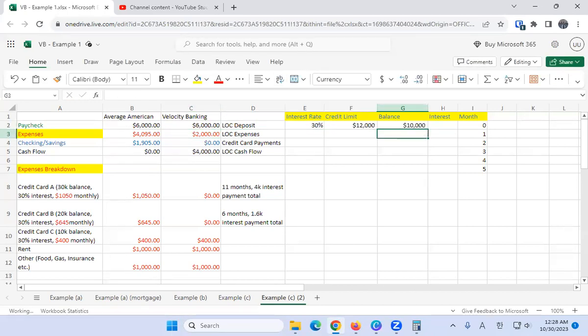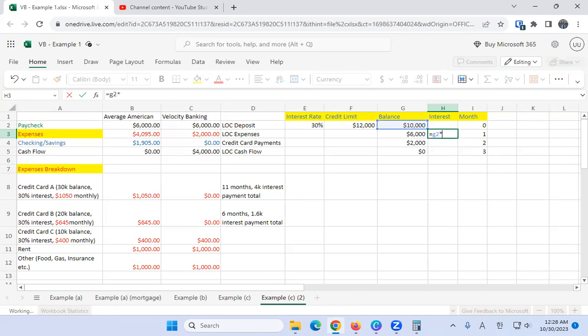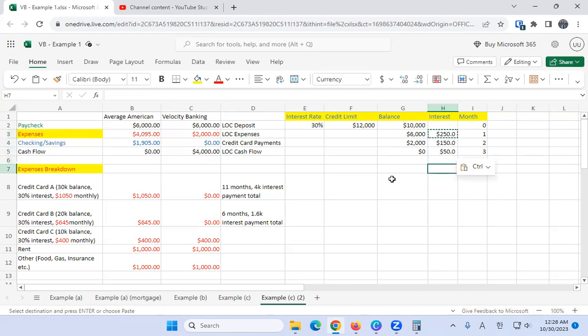And look at this one. This one's going to be gotten rid of easily. So G2 minus $4,000, and it only took us about 3 months. And then we'll go ahead and calculate the interest, which is G2 times 0.3 divided by 12. Okay. Wow. Look at that. So this one took us about 3 months.